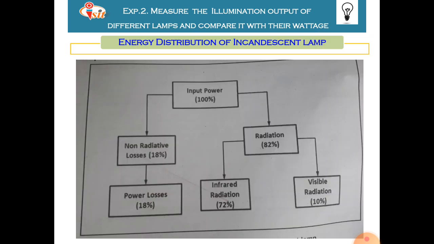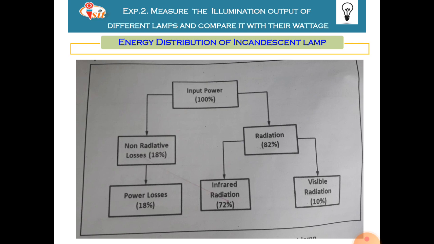Now for this experiment, to estimate and compare the luminous efficiency, we have to know the energy distribution of the incandescent lamp. The tree diagram shows the energy distribution of the incandescent lamp. It has input power and outputs. Out of the input power, it converts 10% to visible radiation for utilization. Besides this, it splits into non-radiative losses and radiations, that is 18% and 82% respectively.